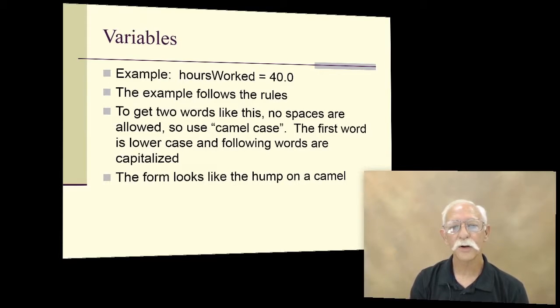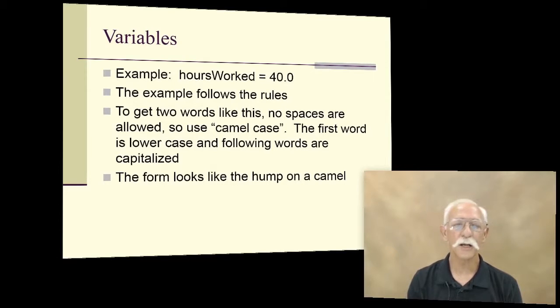Now, you'll notice something, because we're not allowed to use spaces, we've got a little problem when we put two words together. Sometimes words sort of mix together and you're not too sure what it means. Well, we use something called camel case. I don't know who came up with this word to begin with, but it sort of makes sense. The first word is in lowercase, and then the following words, the first letter is capitalized.